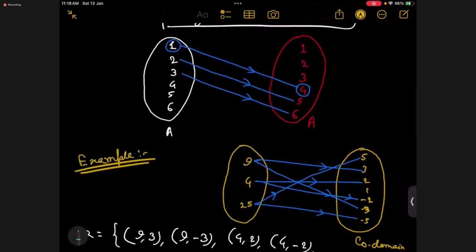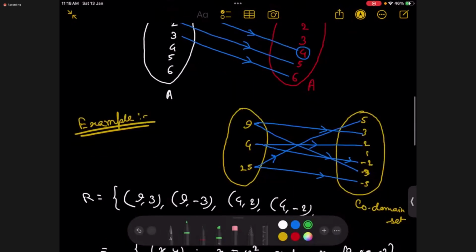Now observe these two relations. What are the differences between these two relations? And can we say these two are functions or not? Let us see that in the second case, I can write it in green, it will be easy to understand then.